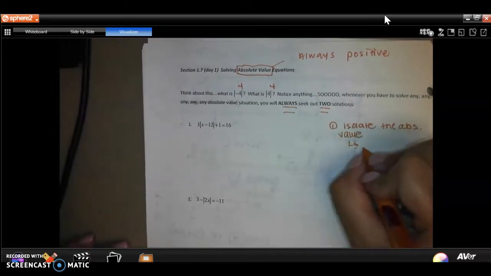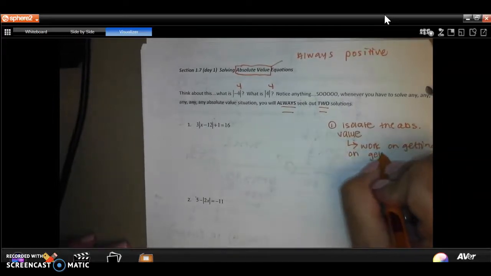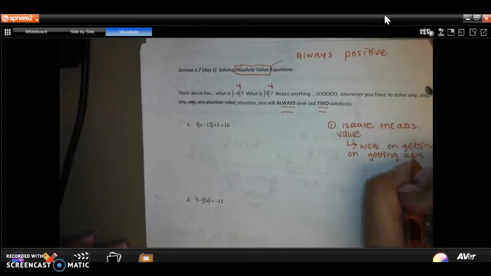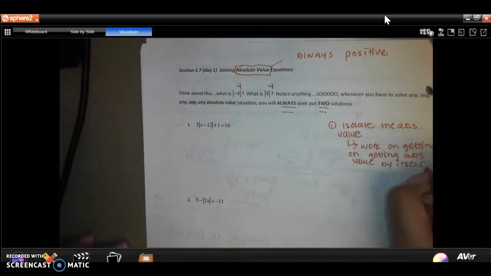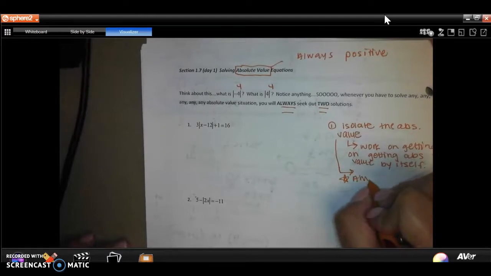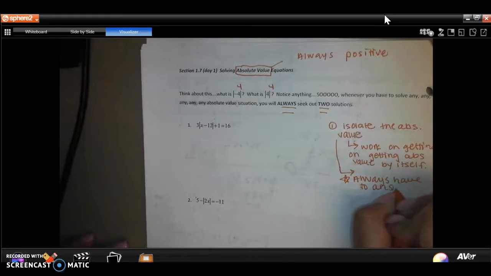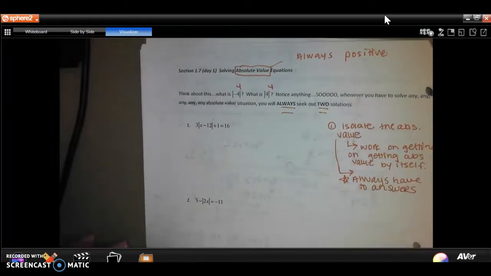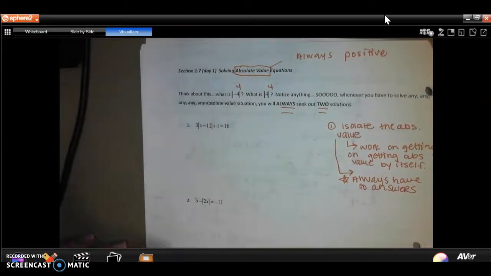Our goal is to work on getting that absolute value by itself in the equation. You're going to put a star by this: you will always have two answers. All right, so we're going to cover this for 2 days. Today's just day 1. Tomorrow's day 2.